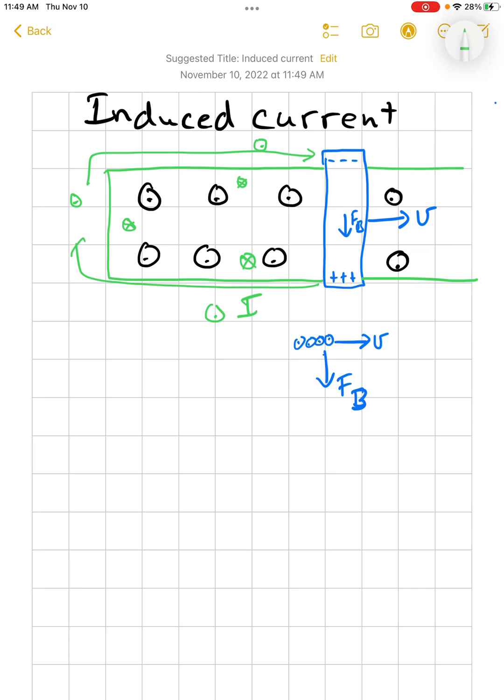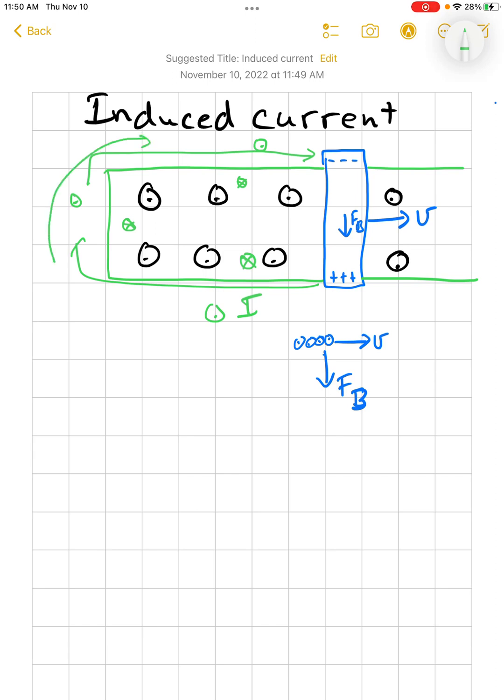This is where the third right-hand rule comes in. The third right-hand rule says, it's kind of the flip of the first right-hand rule, where if we have a current that's moving in a loop, we can bend our fingers around the loop. In this case, our fingers are going to go clockwise, right? So they're going to go in the direction of this current.